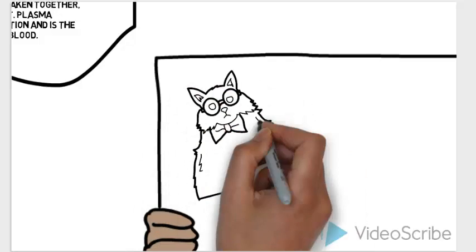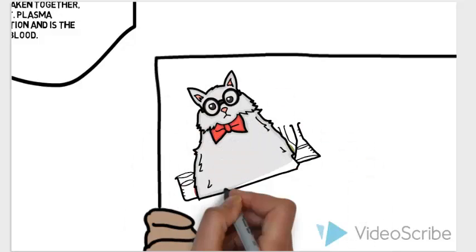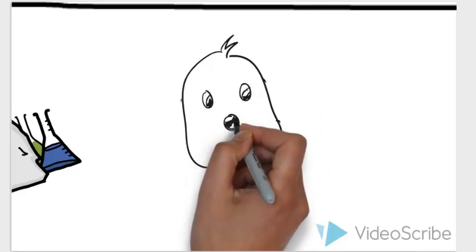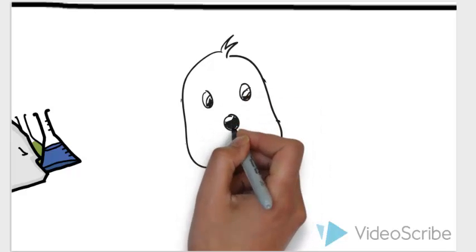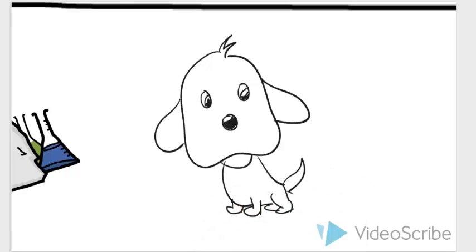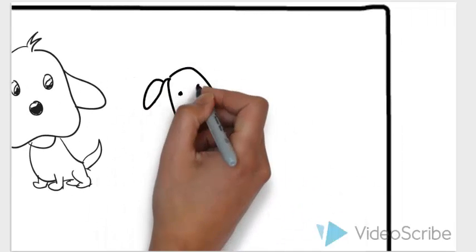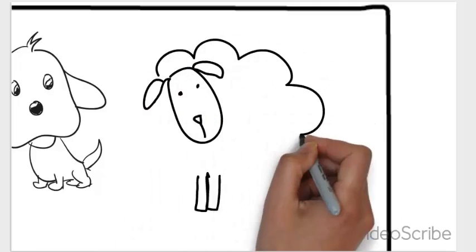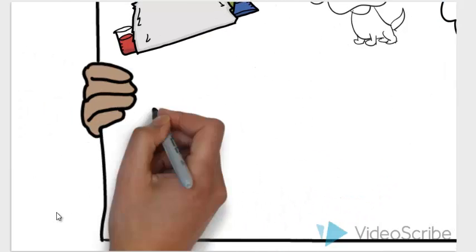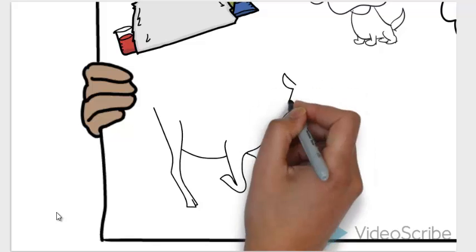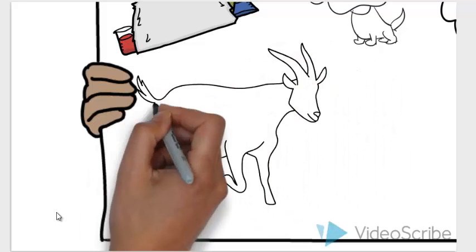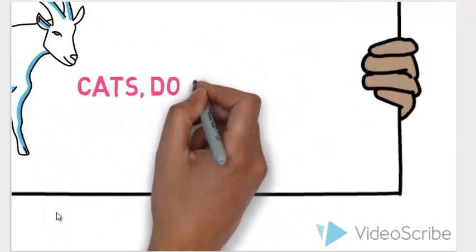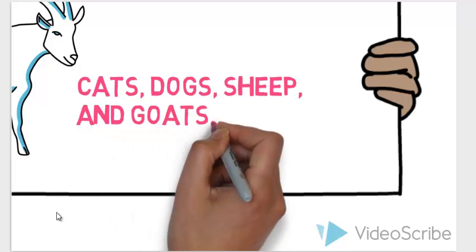Now in different species we can see what is the color of plasma, like in cats and dogs. Further we can say small ruminants like sheep and goats. The plasma is either colorless or very slightly yellowish in color.